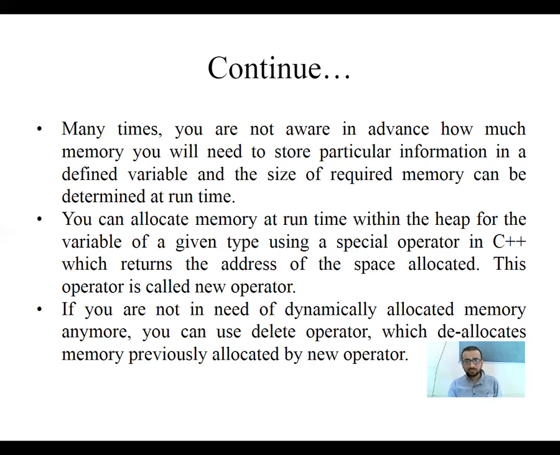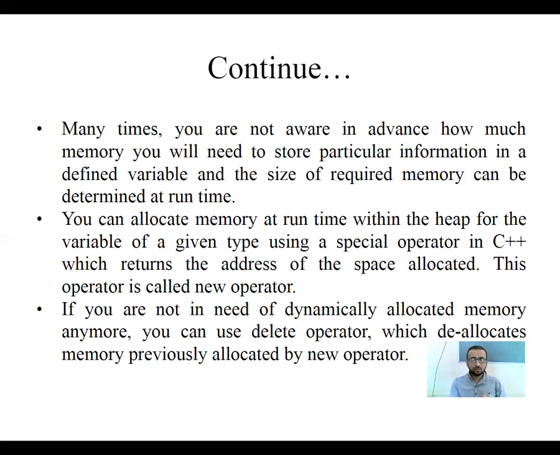With the help of these operators, we can have runtime memory allocation in our C++ program. This operator is known as the new operator, the counterpart of calloc and malloc in C.